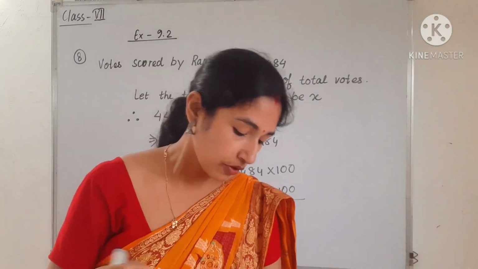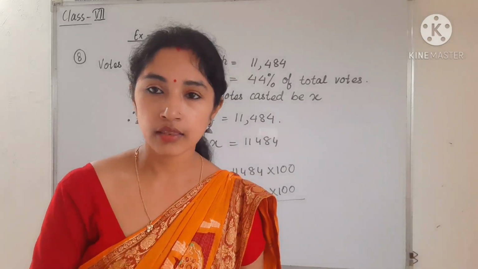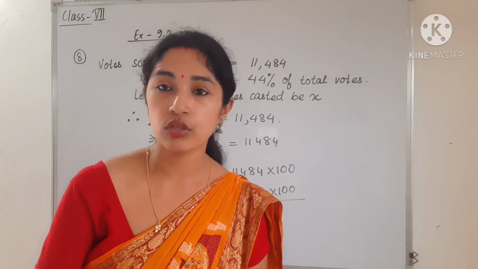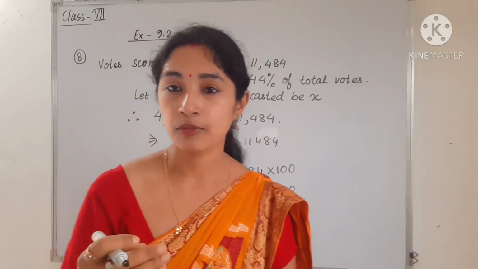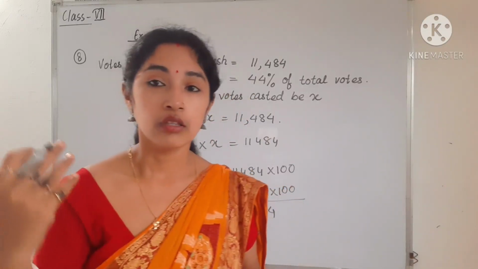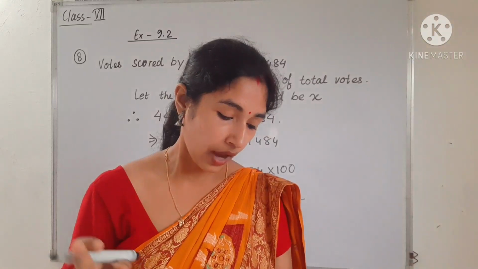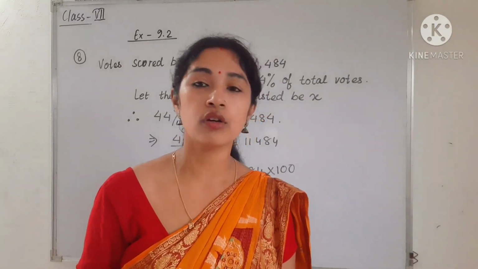Okay, so now first of all we have to find the total number of votes casted in that village. That means how many number of people have given votes to the two persons. Okay, so total votes casted, we have to find that one. And number B is the number of voters who did not vote for either Ramesh or Satish.